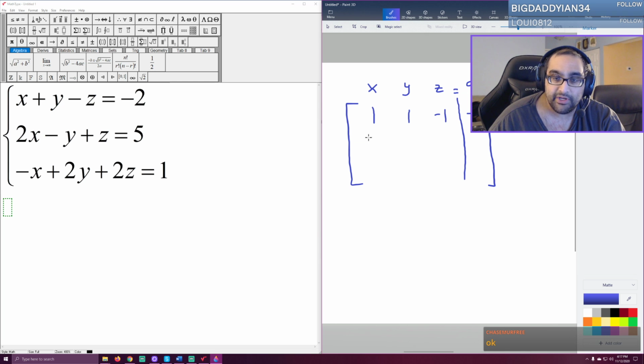What would the next row be? What numbers should I put in for the next row?